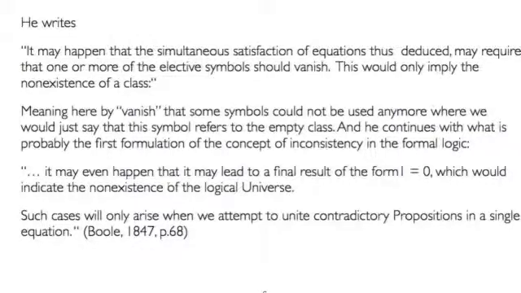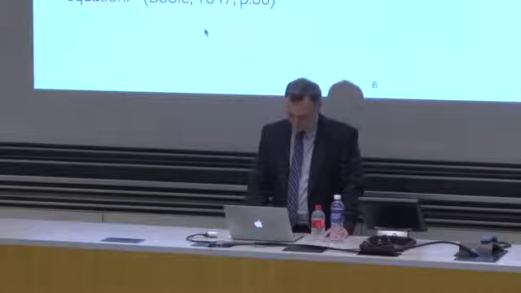"And it may even happen that it may lead to a final result of the form 1 equals 0, which would indicate the non-existence of the logical universe. Such cases will only arise when we attempt to unite contradictory propositions in a single equation." So that's George Boole, 1847. And that is the first appearance of inconsistency, which would be so important for later developments.